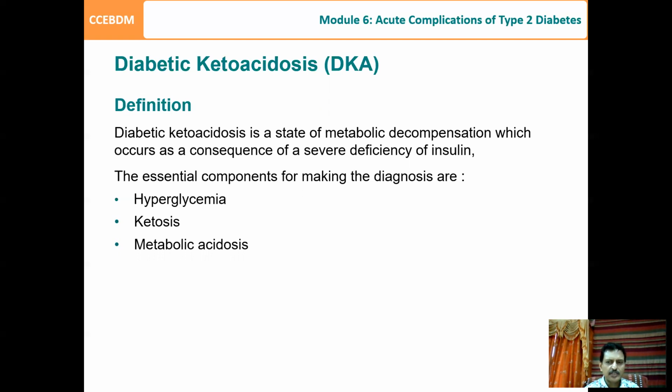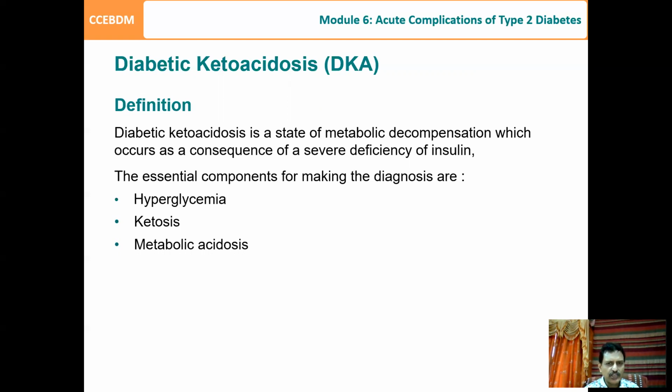So we expect, before we make a diagnosis of diabetic ketoacidosis, to have a blood glucose level more than 300 milligram per dl. Usually it does not exceed 600 milligram per dl, and usually if the blood glucose level is less than 300 or 250 milligram, the possibility of DKA is very, very remote.